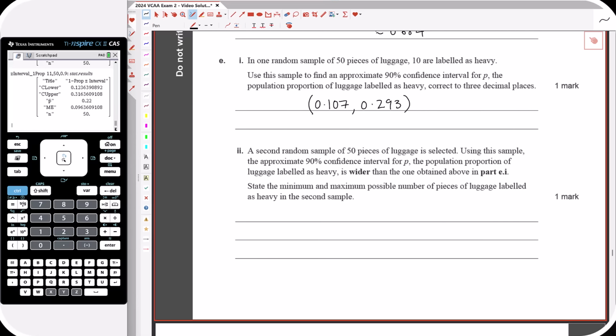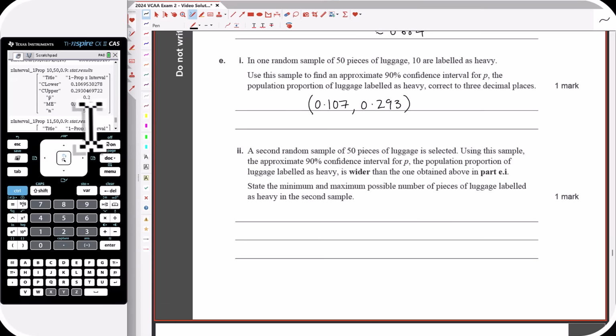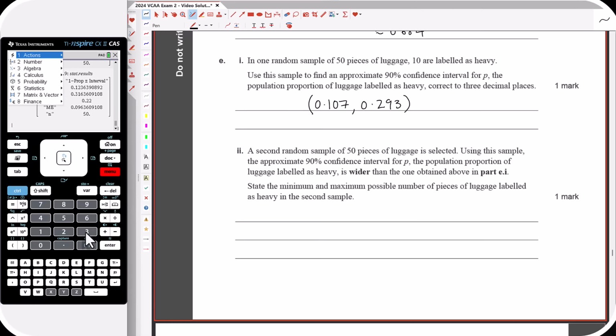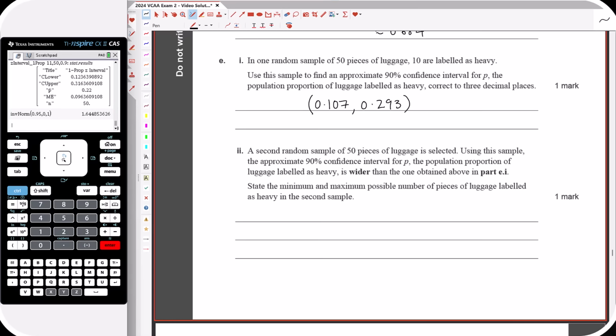So what we could do is think about the existing margin of error. Sorry, where am I here? So the original margin of error there is 0.093. Now, let me get that exactly so that I can work it out. I'm just working out the Z score for a 90% confidence interval. So menu 553. If I want to be 90% confident, I want 0.95 for my Z score.